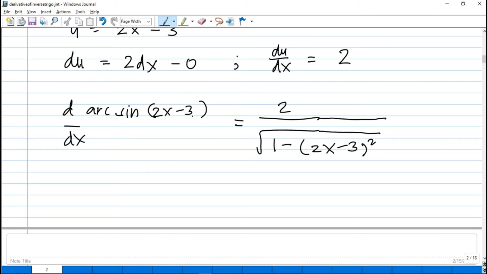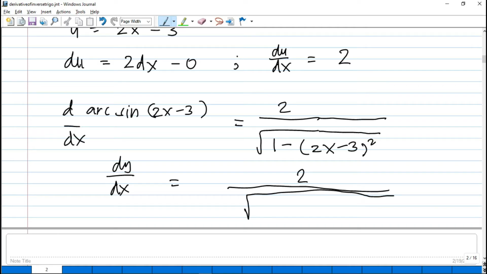So arcsine of 2x minus 3 is y. So dy over dx is equal to 2 all over the square root of 1 minus, then we expand this: 2x minus 3 times 2x minus 3.